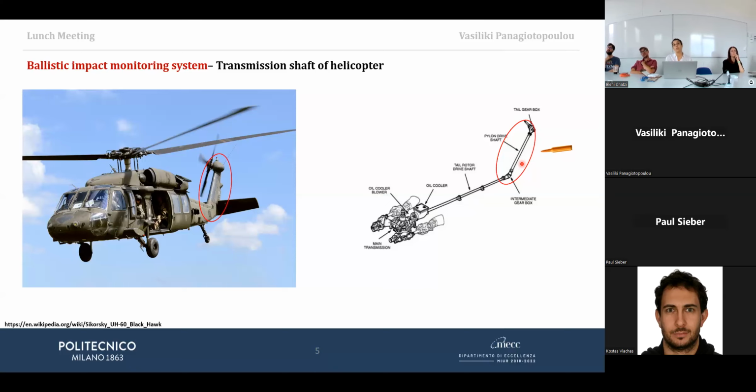So again, on top of that, if we consider the nature of the shaft, that it is exposed by nature, then it becomes even more critical. Implementing a system for ballistic impact monitoring would be an asset in terms of safety in this case.